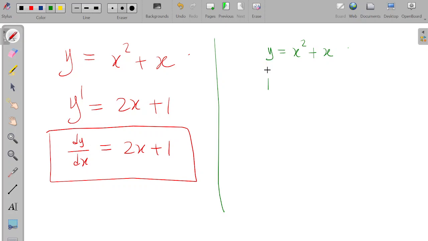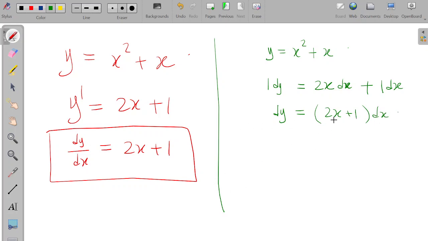But because I'm deriving y, I multiply by dy: I derive x squared, 2x, then multiply by dx, plus derive another x, 1, multiply by dx. So dy equals 2x plus 1 into dx.